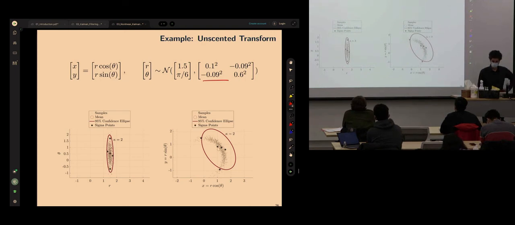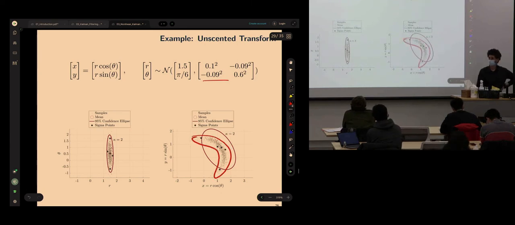Now, when you propagate many random samples, which is really the Monte Carlo way of doing it, you see this shape here, right? Banana shape. This is the true distribution. At least the true distribution has something to do with this shape.